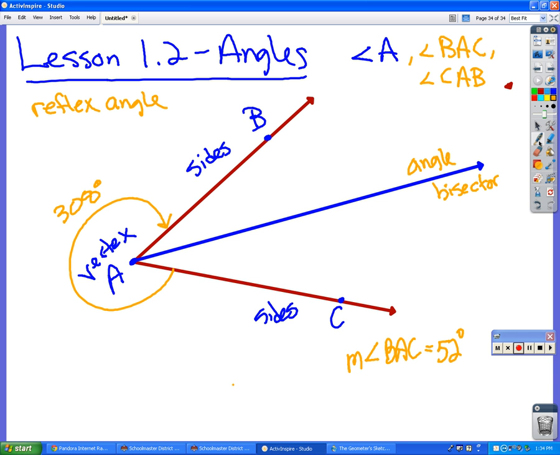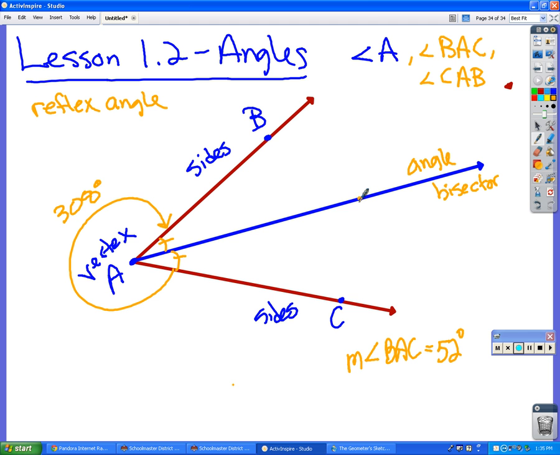We put the slashes through the equal, or congruent, segments. I'm going to put slashes through the angles too, but I need a place to put the slashes first. So I'm going to make a little arc and put a slash there, and a little arc and put a slash there. Any arc that has one single slash, those are all equal. If both have two, then those are equal, and so forth. So that shows that that is an angle bisector.